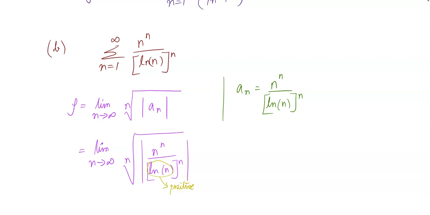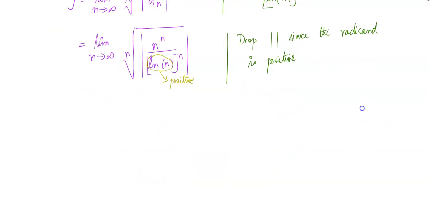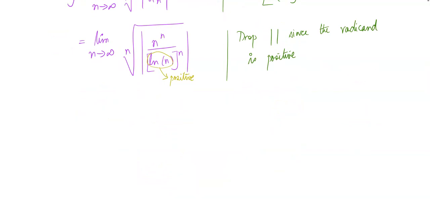This again allows us to drop the absolute value bars, since the radicand is positive. Do not assume it's going to be this way all the time, so we have to test it.